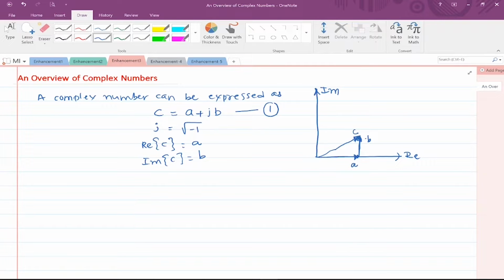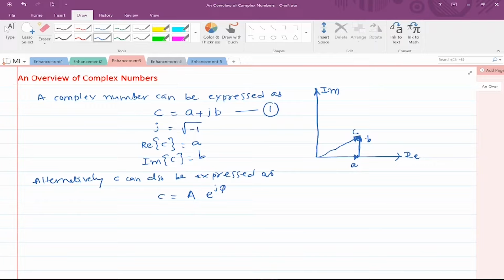Now alternatively, if we want to represent this complex number in a magnitude phase form, that is also possible. So how do you write that? Alternatively, C can also be expressed as C equal to A e power j phi, where A is the magnitude and phi is the angle. That's how you represent this.